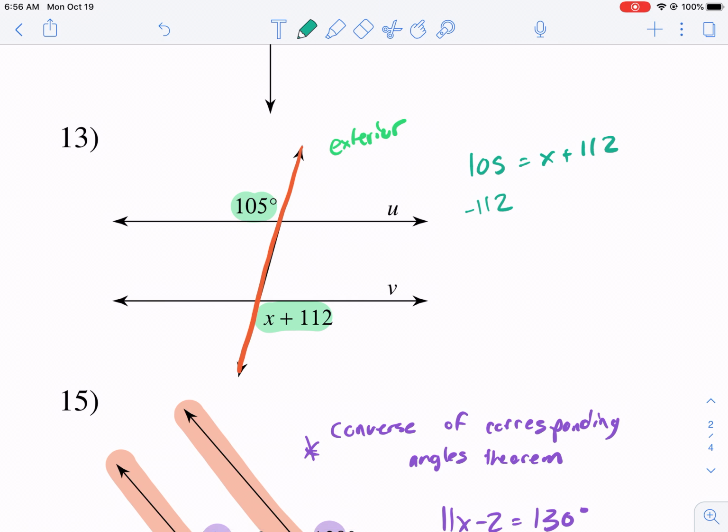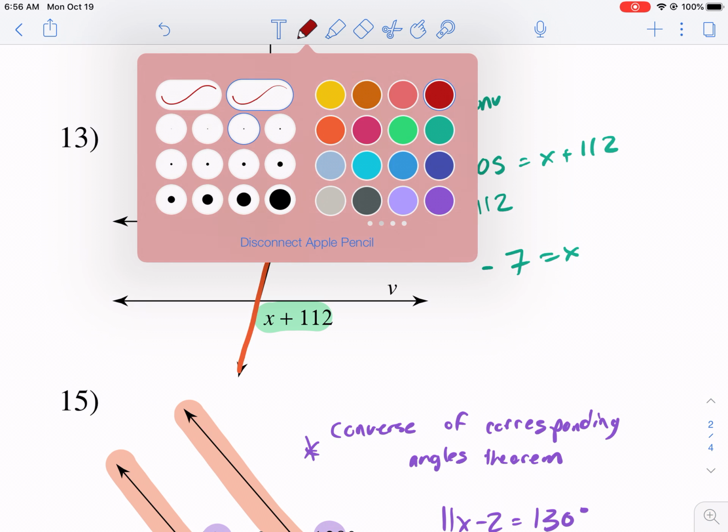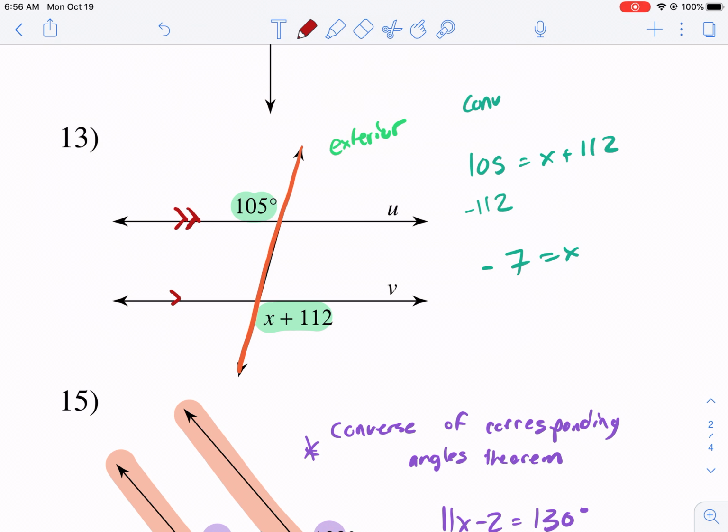Angles can't be negative, but x can. And we get -7 equals x. Now, what is the reason why? It is converse, because we're proving the lines parallel. Converse, I'll use it in red. Converse of alternate exterior angles theorem.